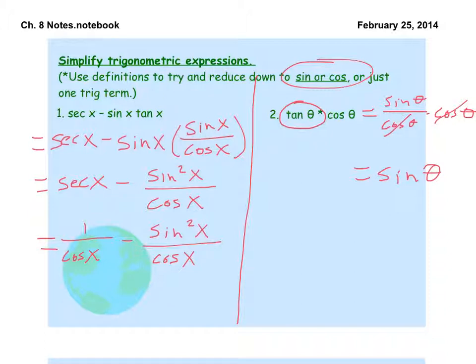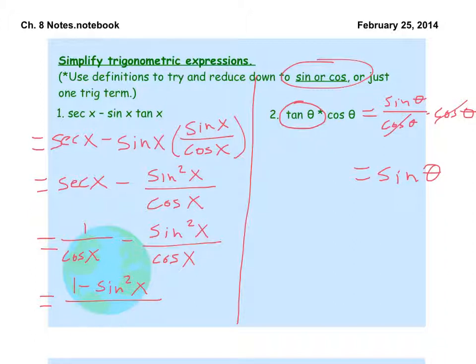Okay? And that's just because secant and cosine are reciprocal trig functions. Well, I'm subtracting fractions here, and I already have a common denominator. So I'll just continue and combine those 2 with 1 minus sine squared over cosine of x.